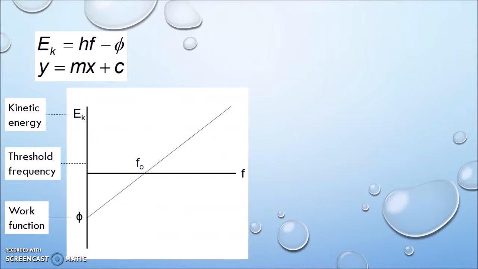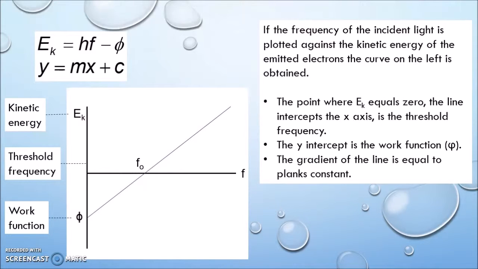I can plot the frequency of the incident light against the kinetic energy for any emitter surface. For different metals, they have different lines, and I can get a graph. This is a graph of, let's say, a metal. It could be iron, and I've plotted different frequencies, calculated how much energy each frequency has, and then plotted the line of the data.